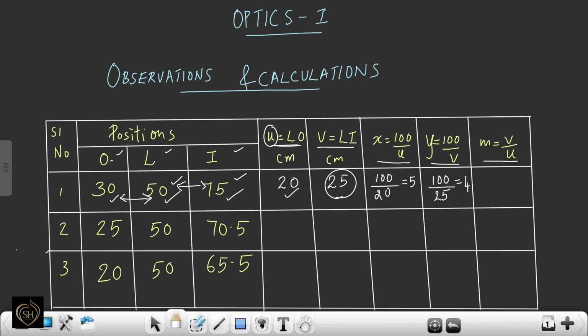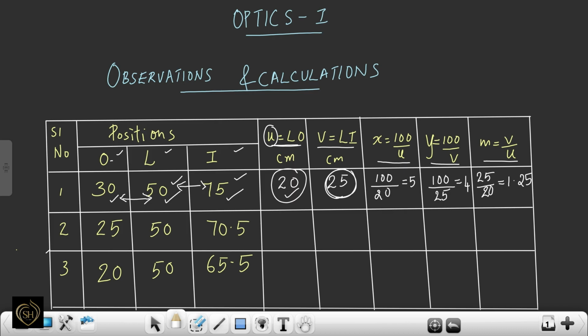Next, calculate V by U, that is magnification. The value of V is 25 centimeter and the value of U is 20 centimeter. So 25 divided by 20 is 1.25. No unit, because V and U are both in centimeter, so magnification is 1.25.